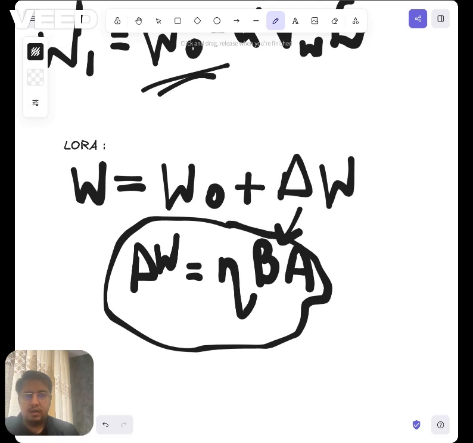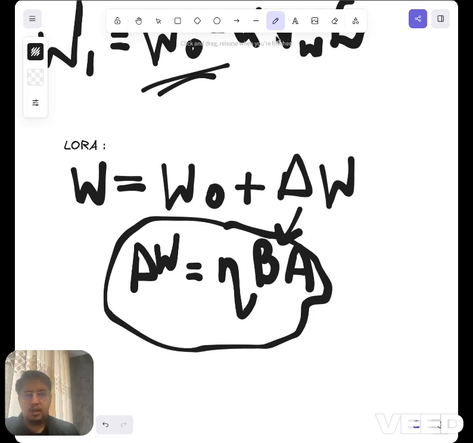And here the dimension of the matrix A is basically the rank cross dimension of input, and the dimension of matrix B is basically dimension of output cross the rank.